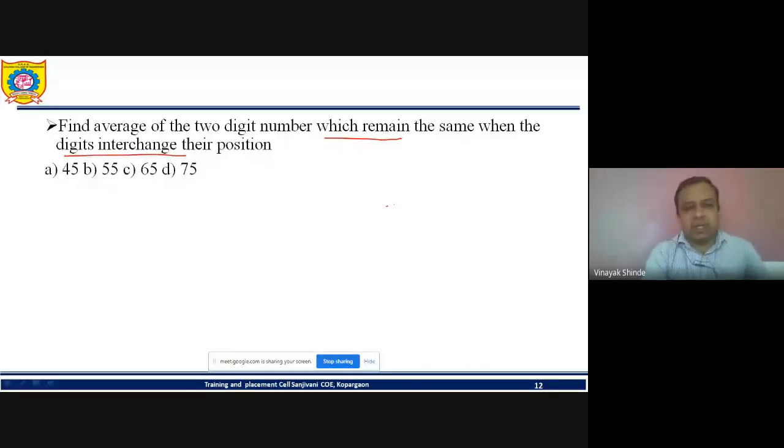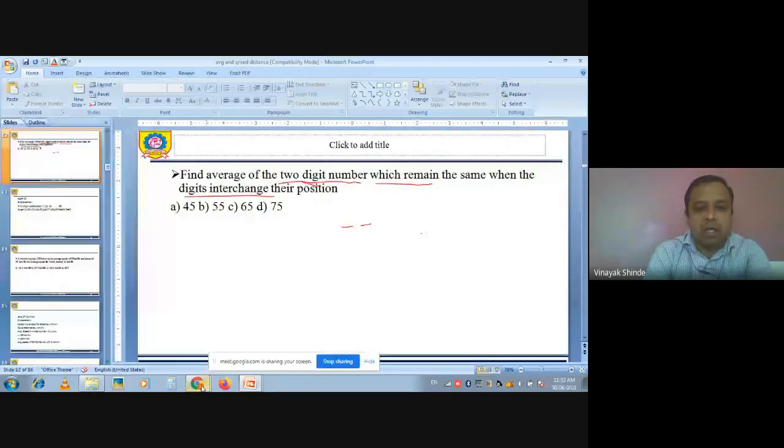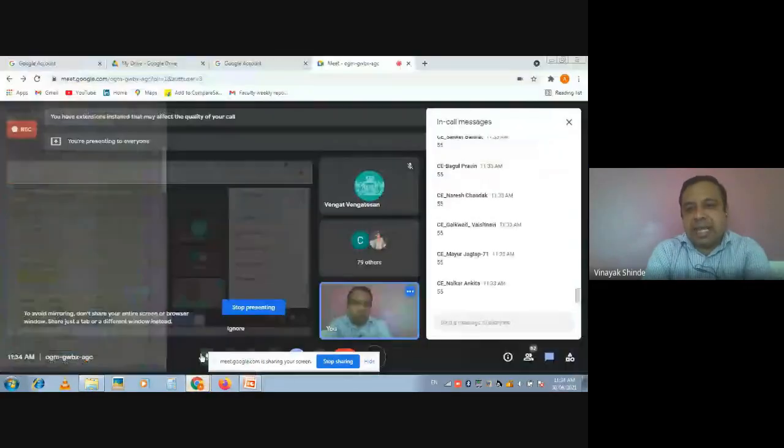Now this is a simple one. You can find out the answer. Two-digit numbers are there. But what is the condition? They remain the same when the digits interchange their position. Which remain the same means if I interchange the position of the digits, the number remains the same.